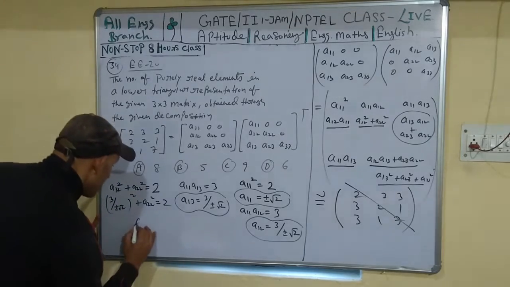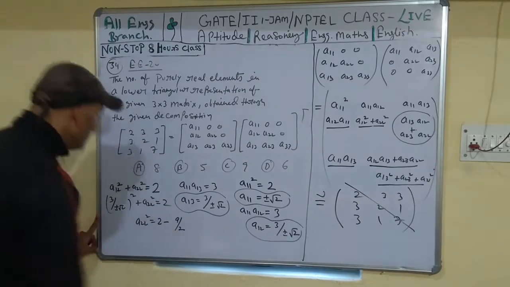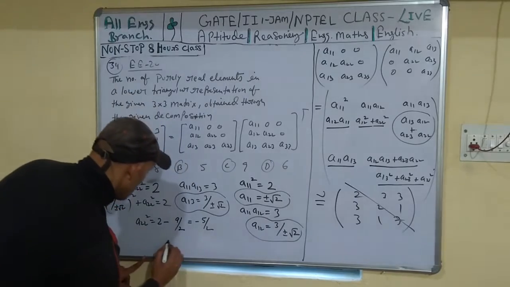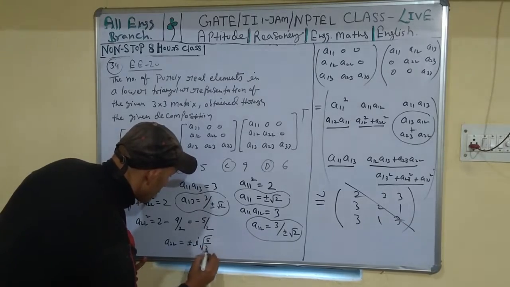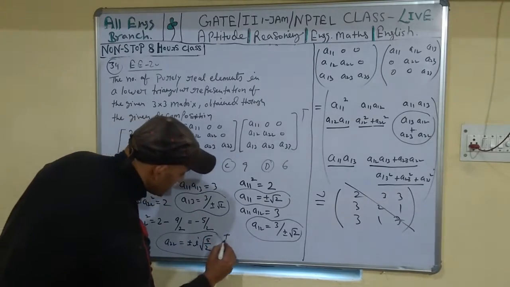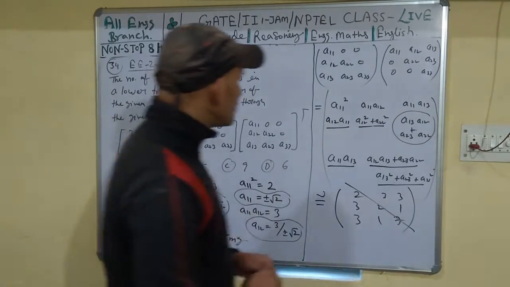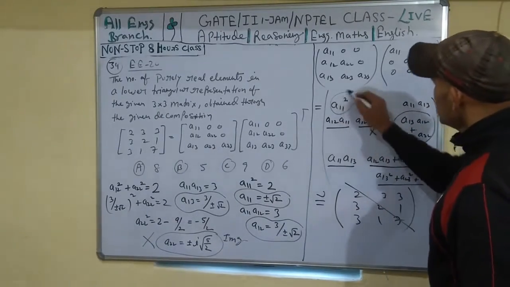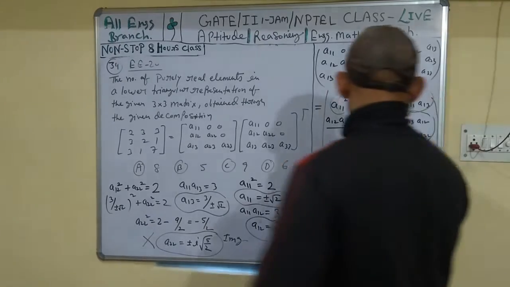So A22 whole square is equal to 2 minus 9 upon 2. 4 minus 9 is equal to minus 5 upon 2. So A22 is equal to plus minus i square root of 5 upon 2. This value is imaginary, so this is not real. The other three are real, and this one is not real.